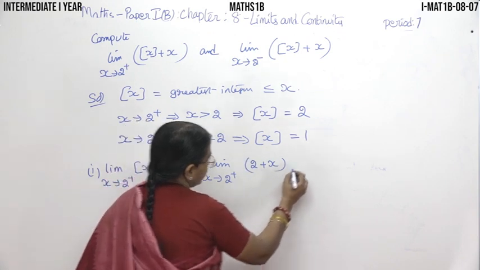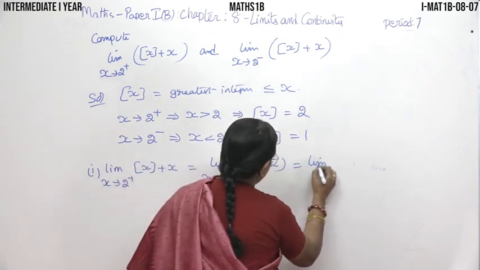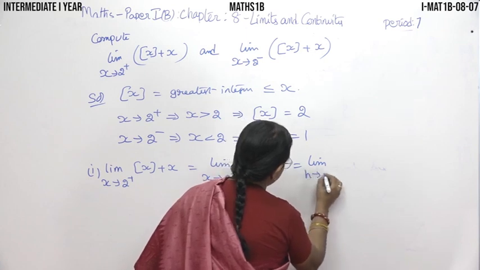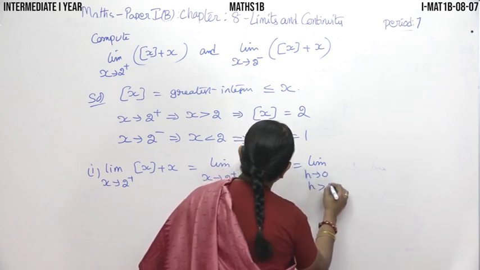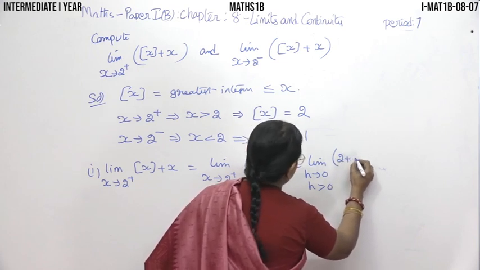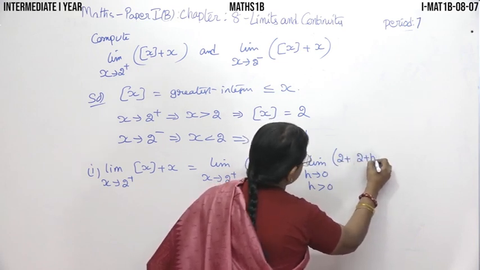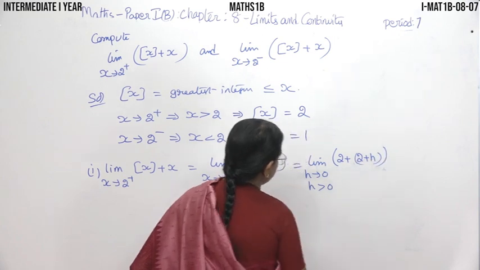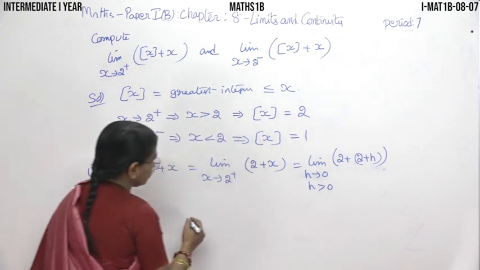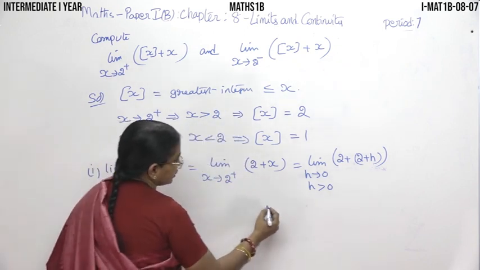It is equal to limit h tending to 0, h greater than 0, of 2 plus a plus h, a is 2, so 2 plus h. So the answer is 4.